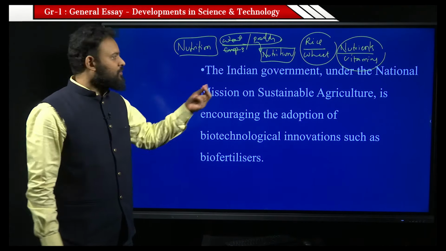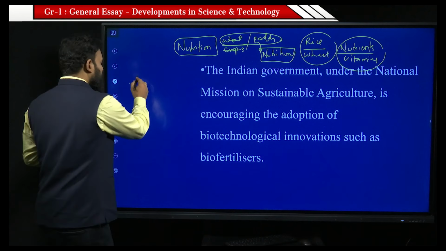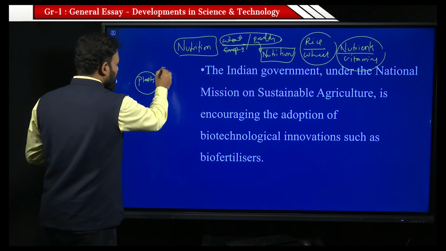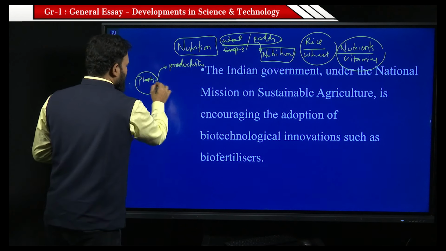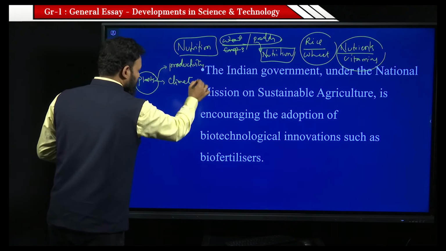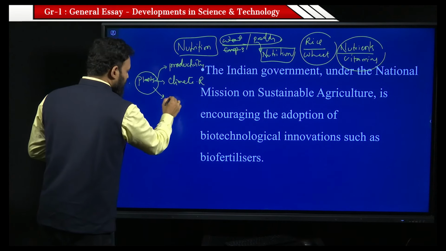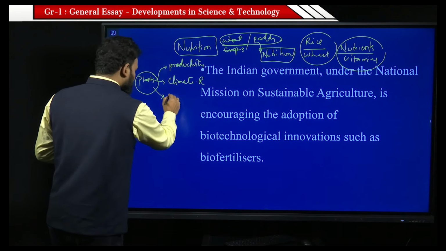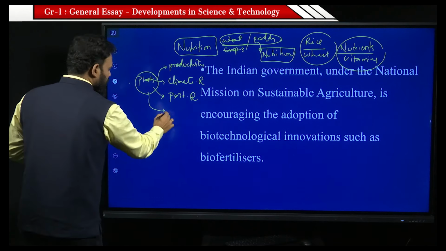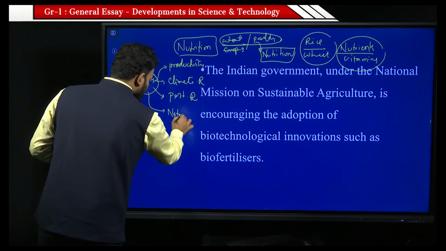So this is how biotechnology will help you increase the productivity, make them climate resilient, heat resistant, drought resistant, pest resistant. So look at how it is helping plants. Different issues, different benefits: productivity, making them climate resilient, increasing the pest resistance, nutritional value can be increased.